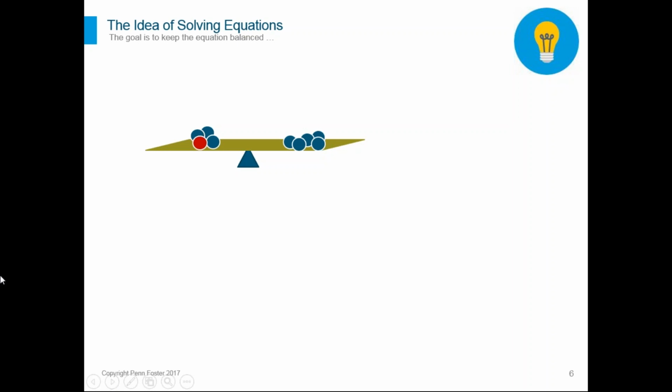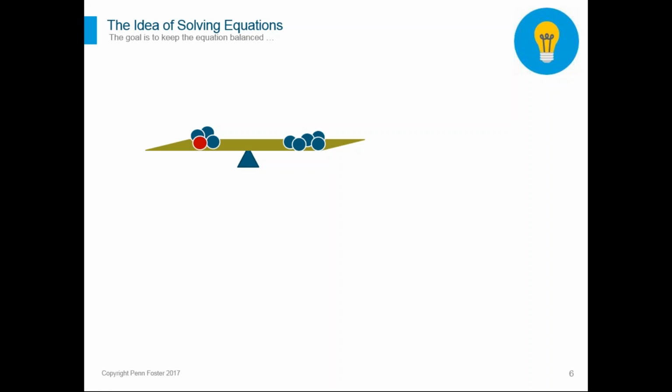If you look on the left-hand side, you will see that there are some balls there. On the right-hand side, there are a bunch of other balls. But this system seems that the weight of the balls on the left-hand side is the same as the weight of the balls on the right-hand side, and that is what keeps the jigsaw balanced.